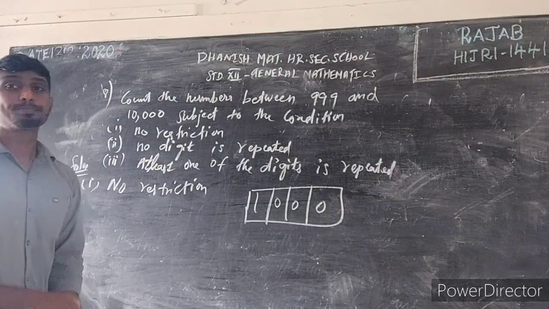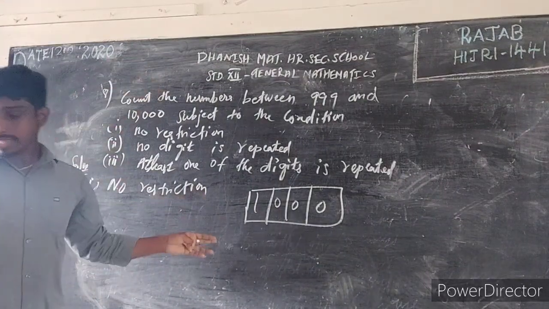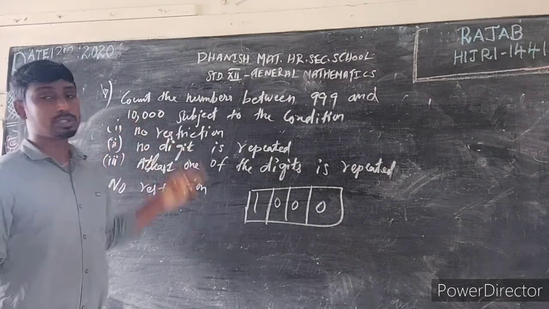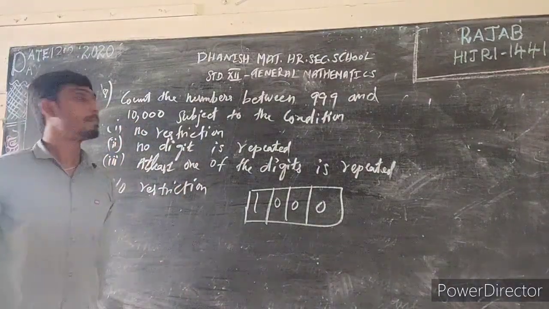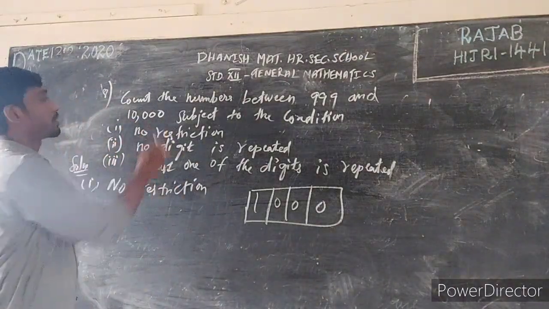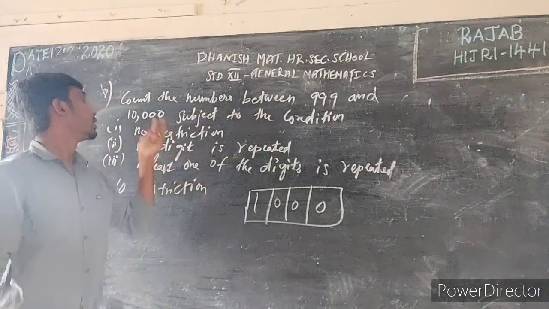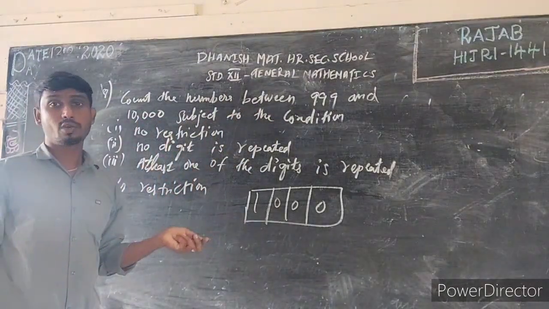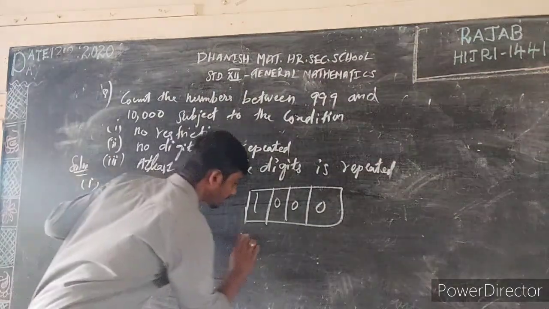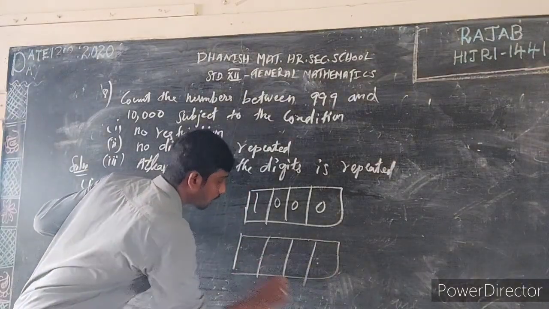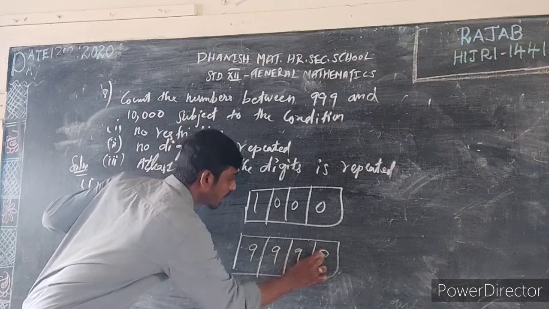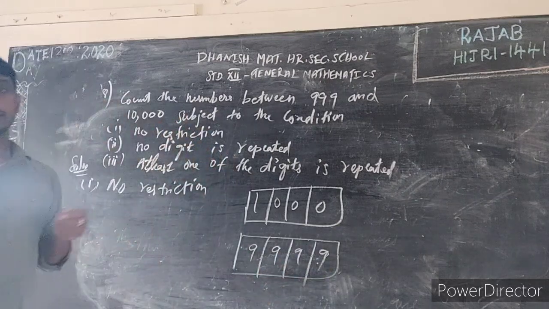So listen here. Because they have given between 999 and 10,000, the number just before 10,000 that will be a 4 digit number, that is 9,999.